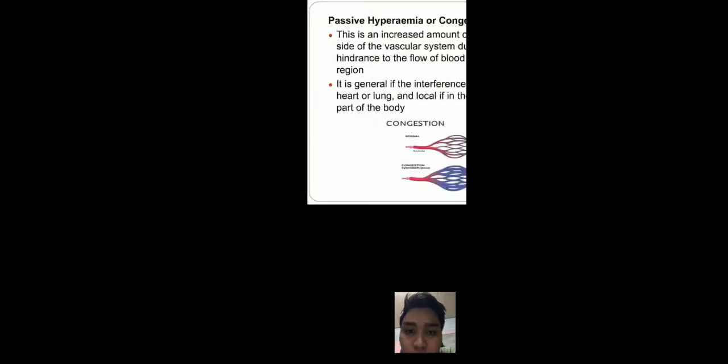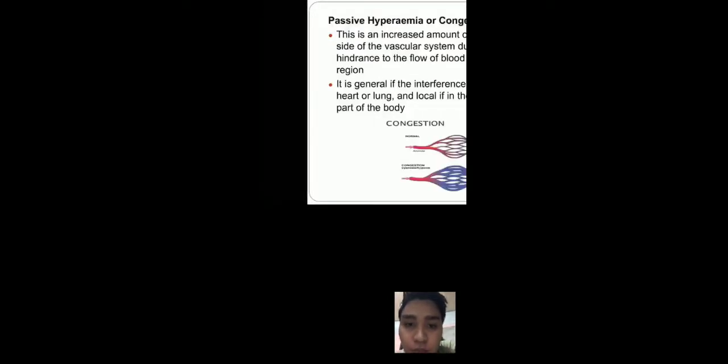Hyperemia can be general or local. Acute general active hyperemia is the sudden increase of blood volume in the entire arterial system of an individual, while local can only be observed in a specific local area like legs, stomach, or lungs.